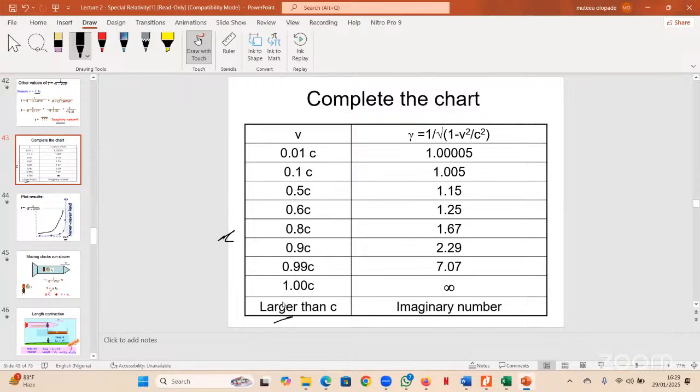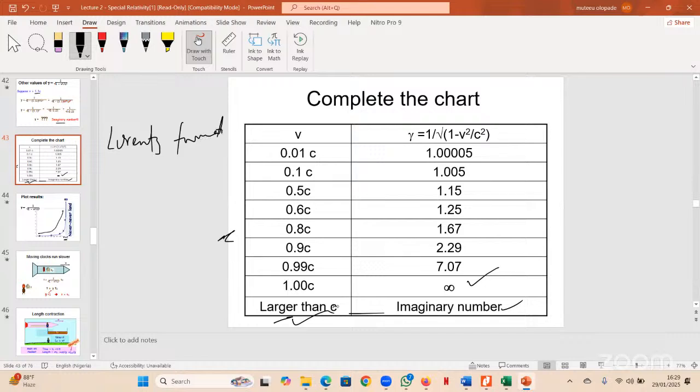Those were some of the things I taught in my last two classes, the physical classes. So you can see that once V is equal to C, what happens to the Lorentz factor? It becomes imaginary. But if V is larger than C, it is completely an imaginary number. So that was what the Lorentz transformation came to explain to us.